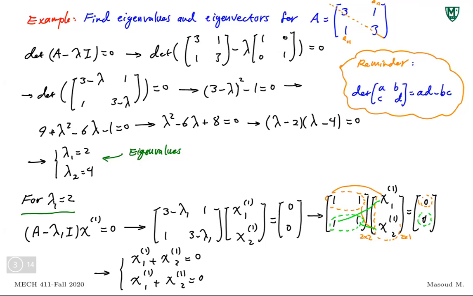If I take x11 as 100, x12 should be minus 100. So any number I take, x12 should be just the negative of that number. This becomes 0.